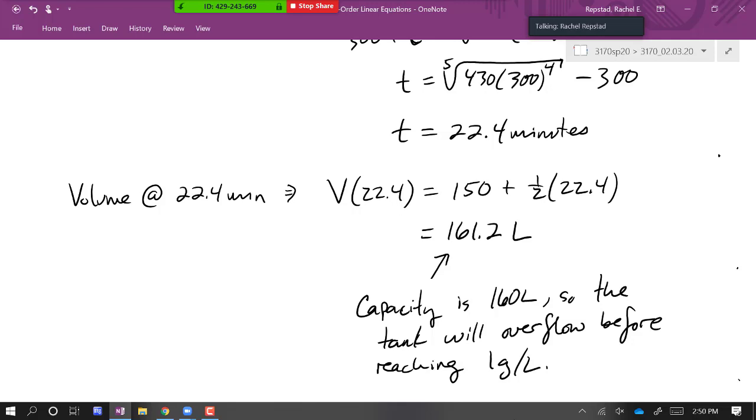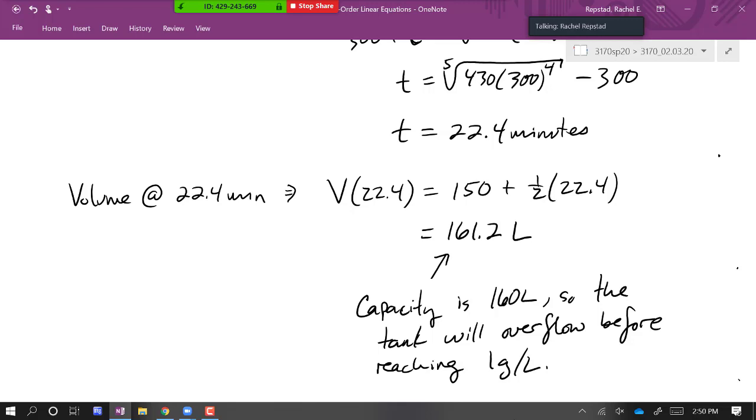We're reducing the input flow to 2.5 liters, and it's flowing out at 3 liters per minute. So over time, the volume is decreasing a little bit. The question you're going to try to answer is, will the tank reach the desired concentration before the tank empties? See if we reach our goal before it empties out.